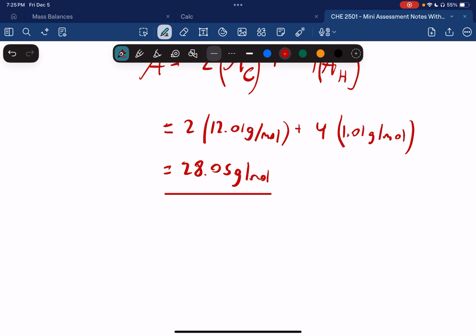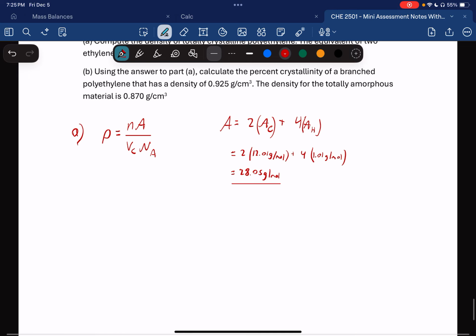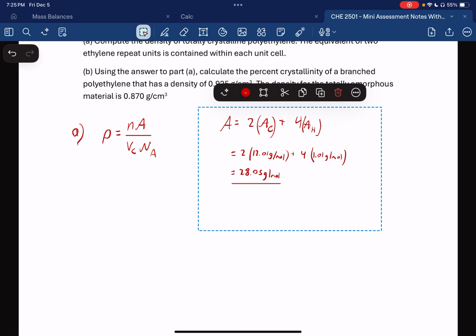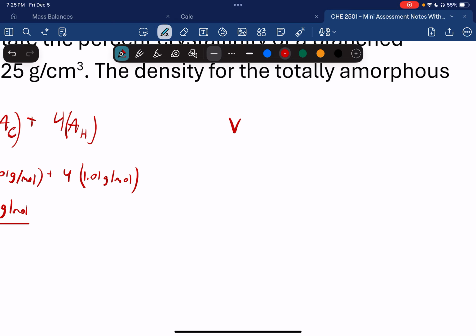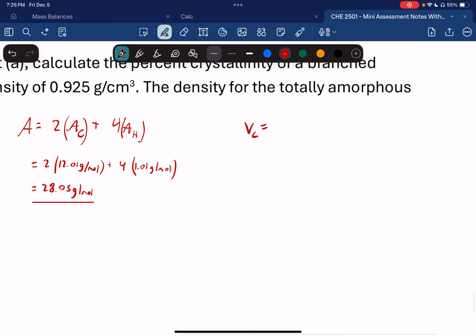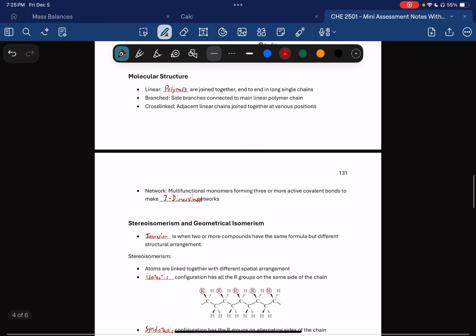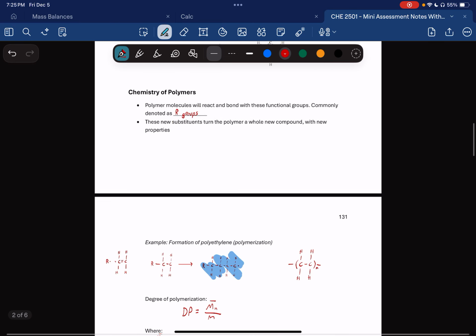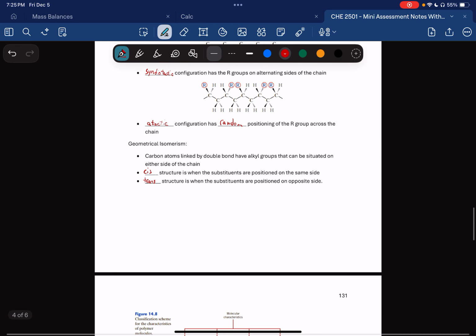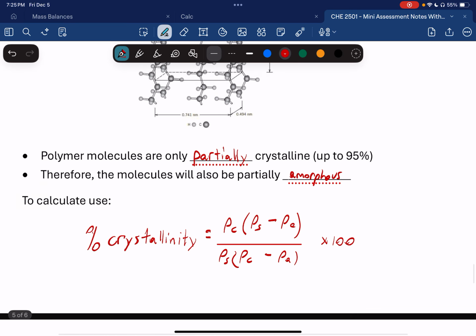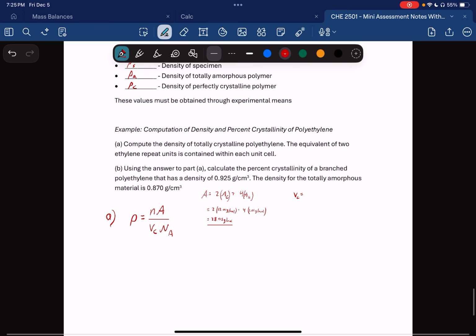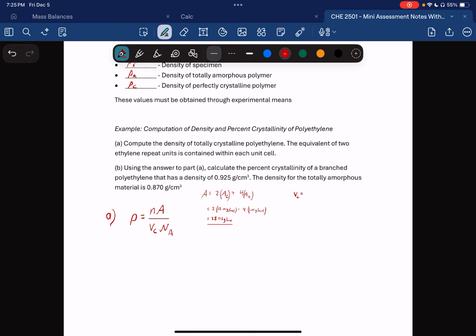So the next step would be to find VC, because we have N and A already. VC is the volume of the cell, just like when we were doing metals. If we go to a standard unit cell up here, like I showed the picture for, these measurements are just standardized. We can see these measurements here. We're going to use those for our one unit cell of polyethylene.